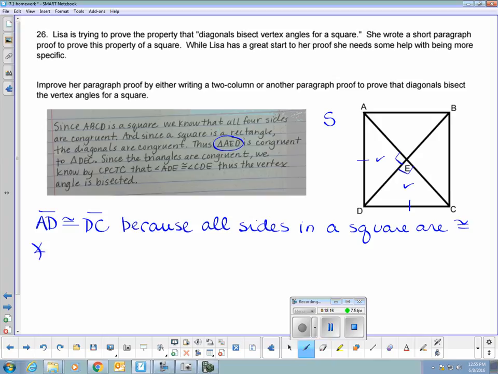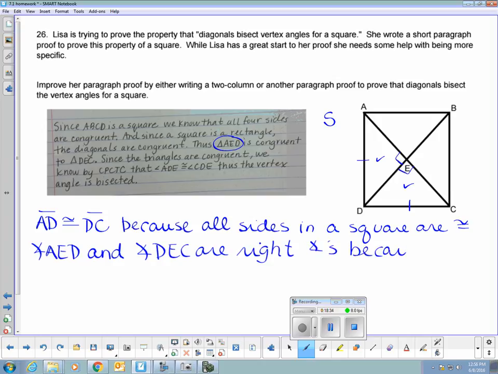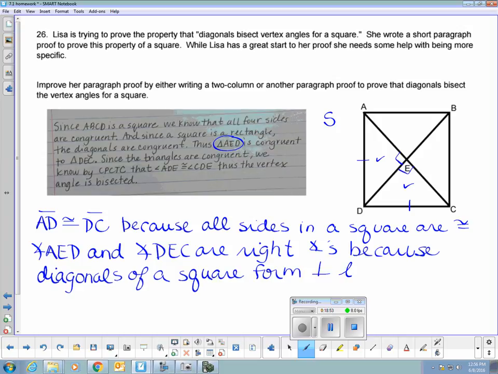Let's say that angle AED and angle DEC are right angles because the diagonals of a square form perpendicular lines.